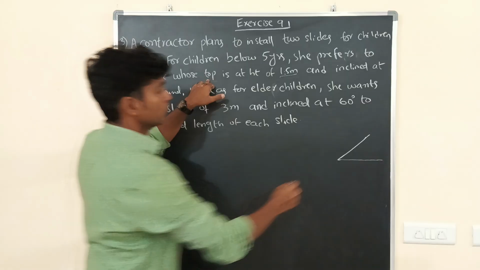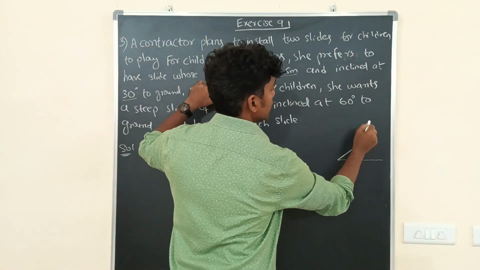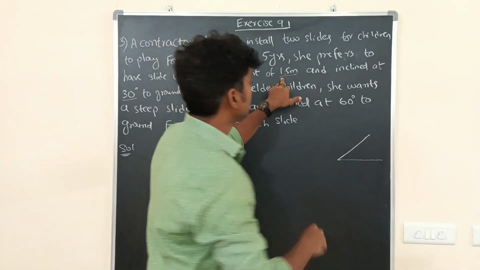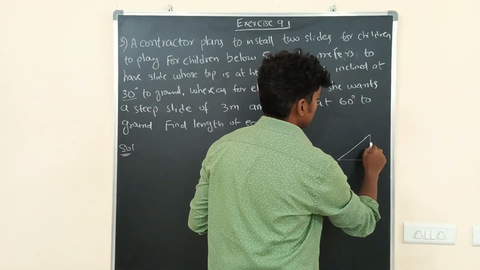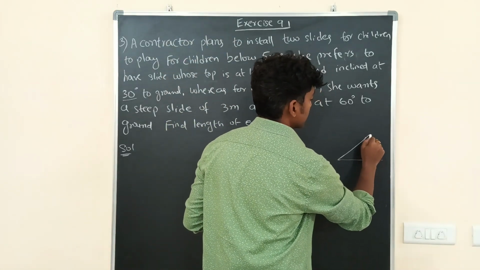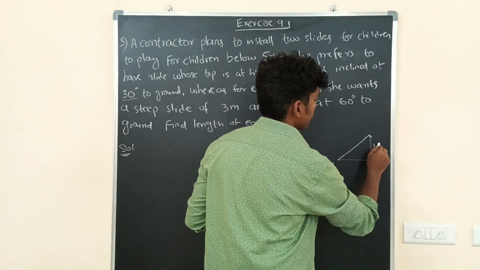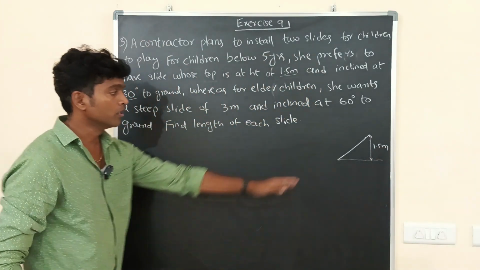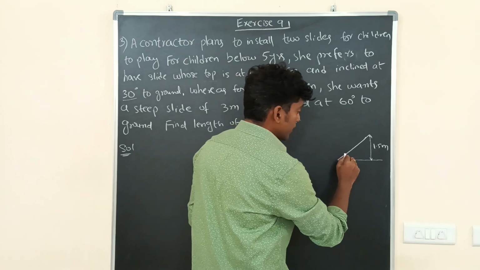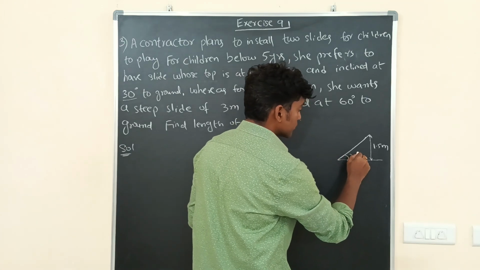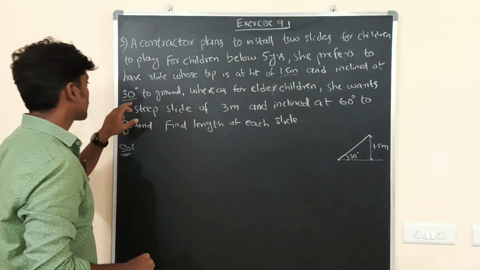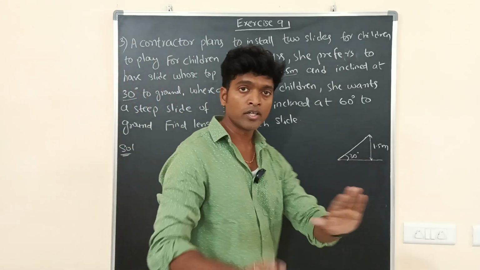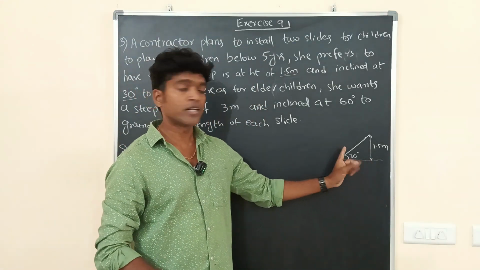The top of the slide is this one, 1.5 meters high, so this length is 1.5 meters, and here the angle is 30 degrees to the ground. Clear now? One diagram, one slide.